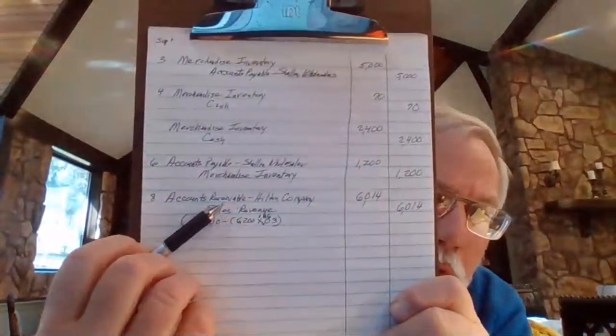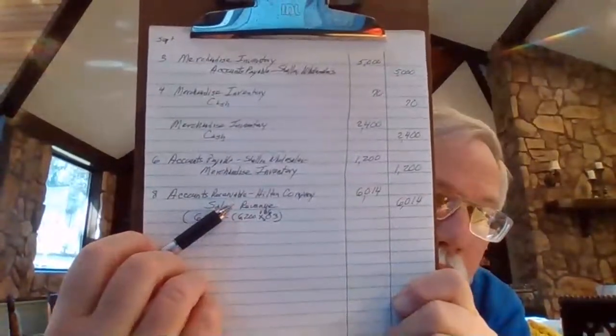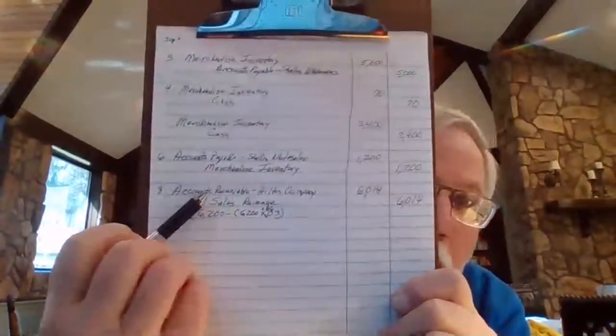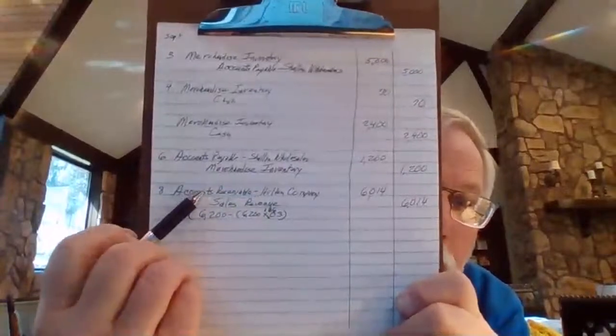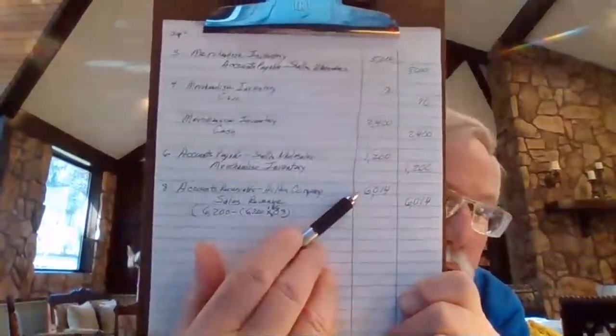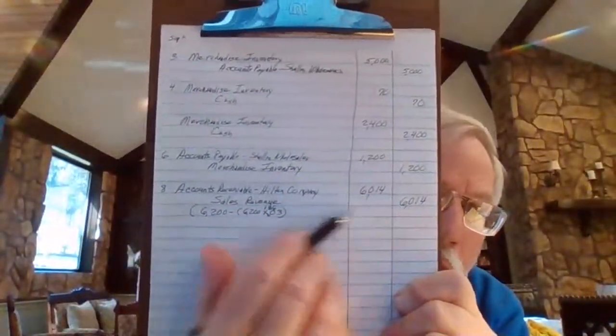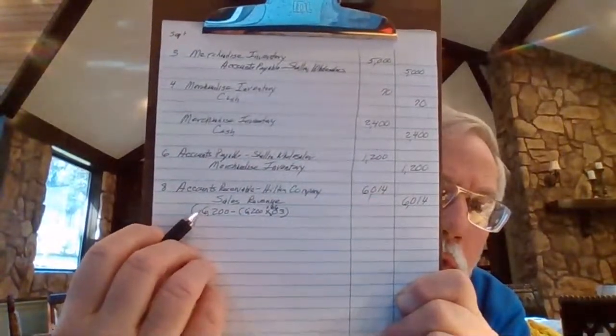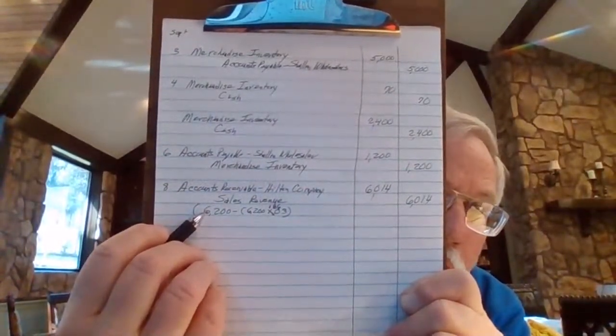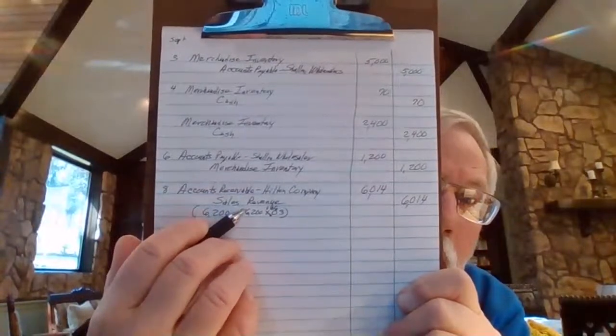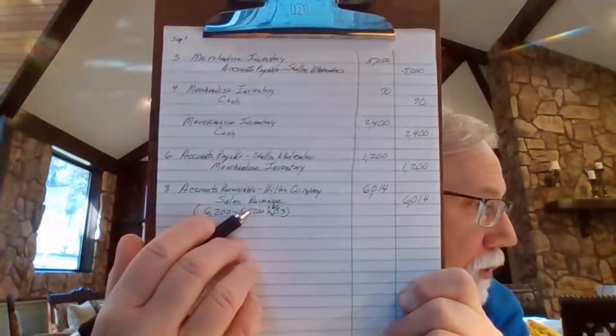Okay, so we are selling. Here's the first entry required, recording the sale. Accounts receivable from Hilton Company, $6,014. Sales revenue, $6,014. We sold $6,200 worth of merchandise to them, and we gave them a 3% discount.